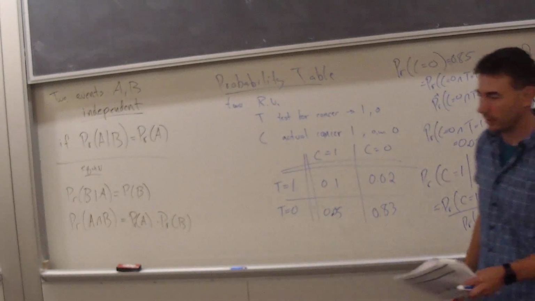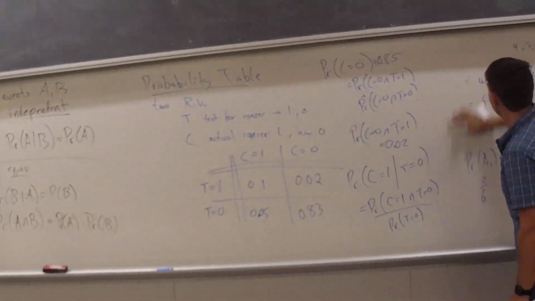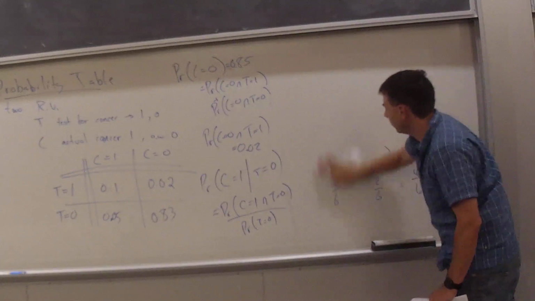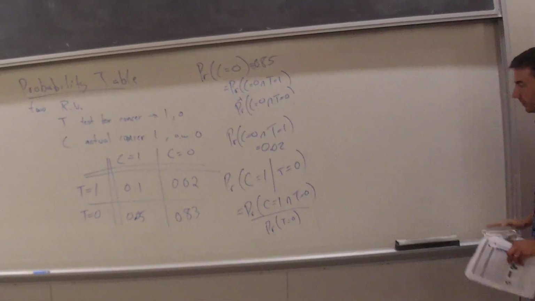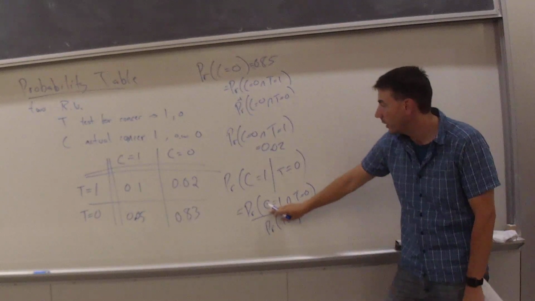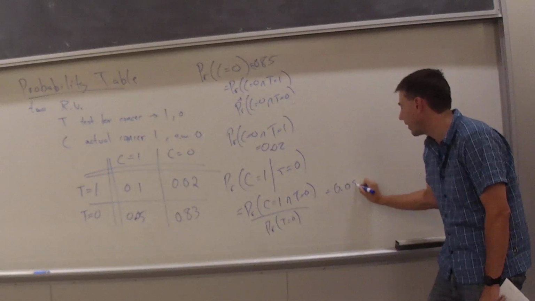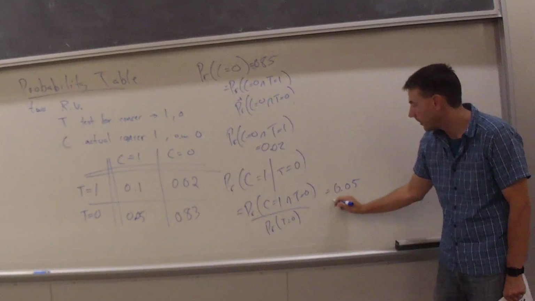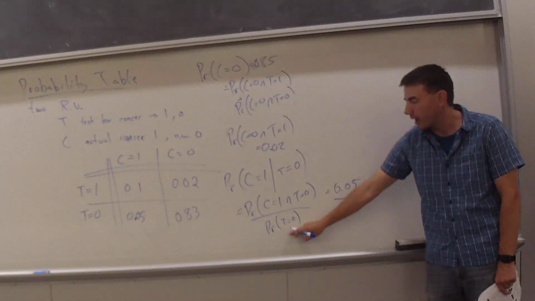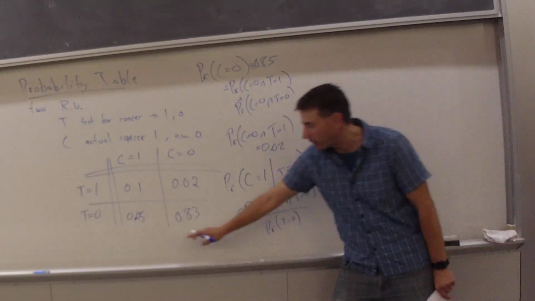Let me erase this over here. So this is going to be the probability I have cancer and the test says I don't, which equals 0.05, divided by the probability the test says I don't have cancer. I gave myself a hard one.